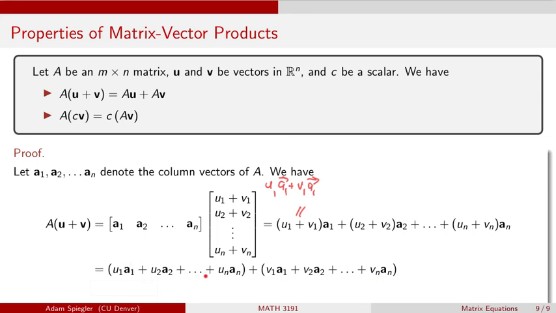And now each of these is just by definition a product of a matrix and a vector. In particular, this first one is A times vector u, and this second group of terms can be written as the matrix A times the vector v. And so this concludes our proof because we've just shown that A times the sum u plus v is equal to the sum Au plus Av.